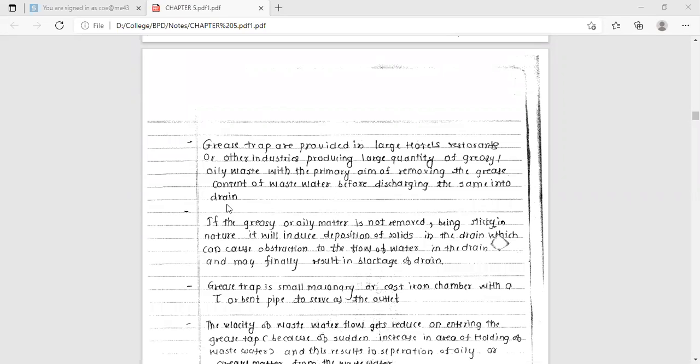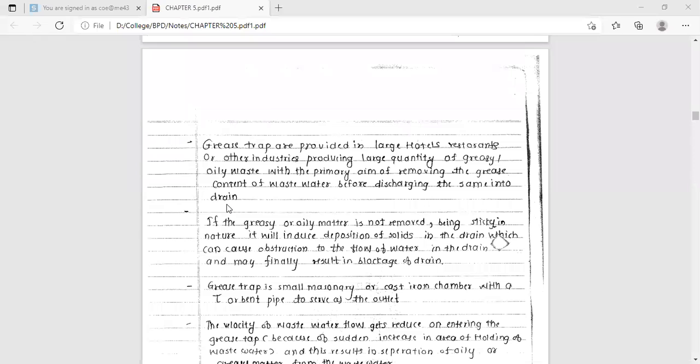Because if we are going to treat the wastewater at the treatment plant, then at that place it is quite difficult to separate the greasy content from the wastewater content.